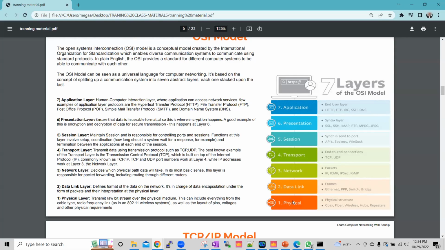That is how it goes. So if there is a problem on that layer 1, maybe the connection is not right, or the cable has a problem, we call it a layer 1 problem. And if you read it, you see that it's physical structure, because that one is physical.